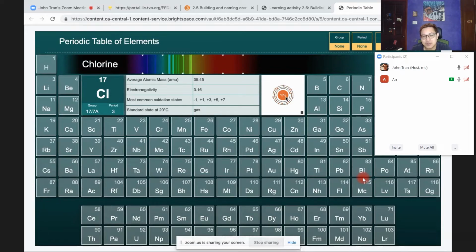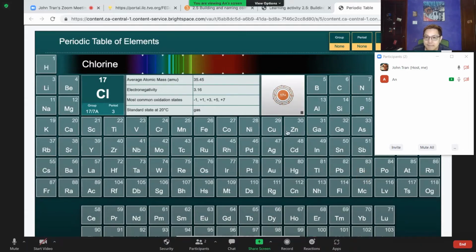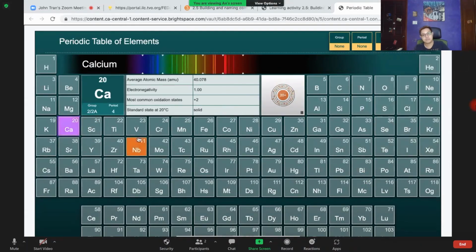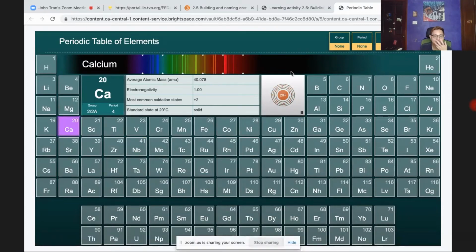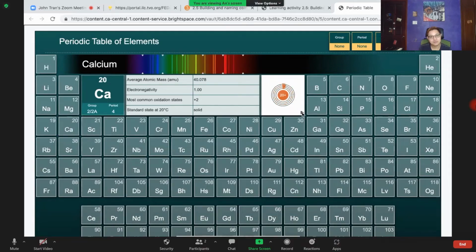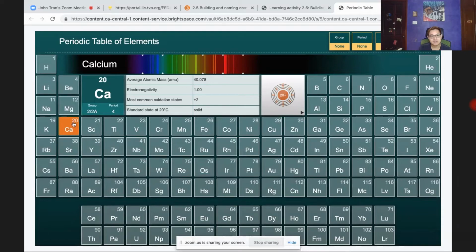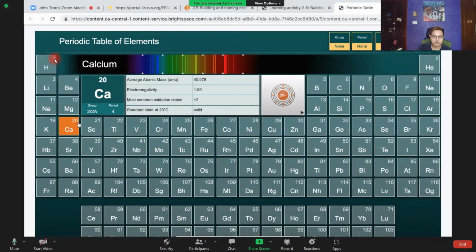So how about calcium, Ca, 20? Which group does it belong to? Actually it's group 2. Remember the group, right? The first column is group 1, the second column is group 2.